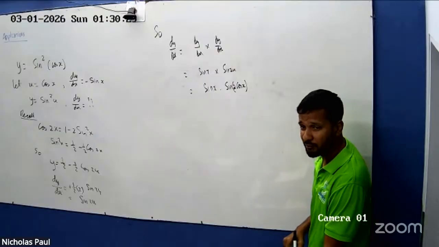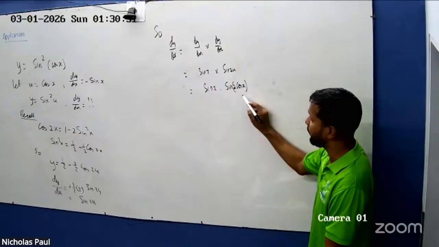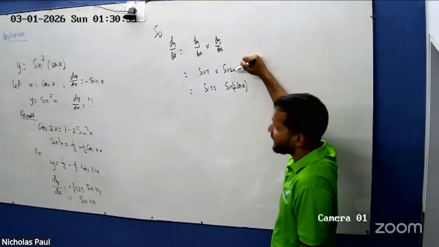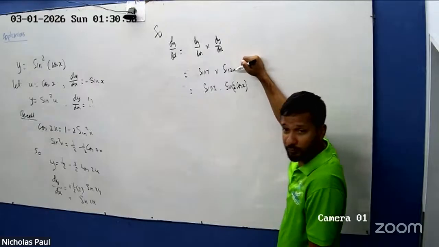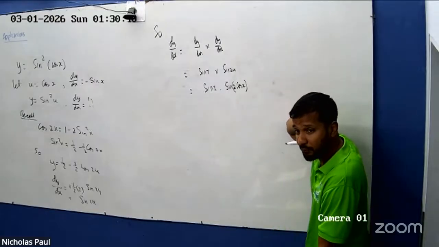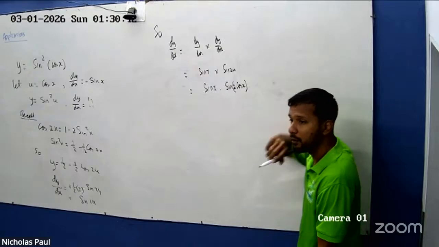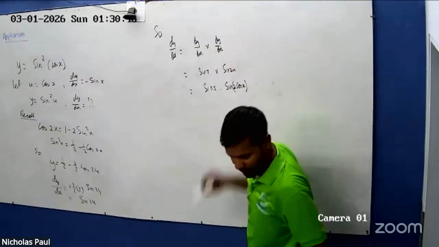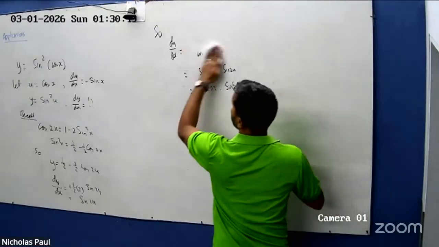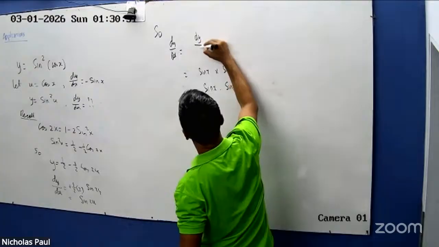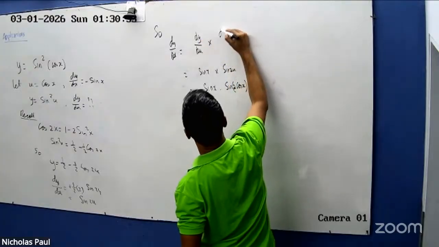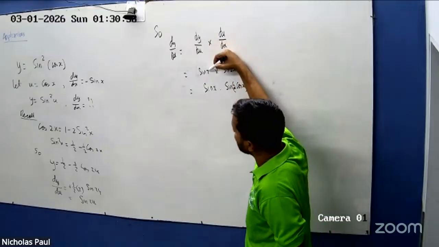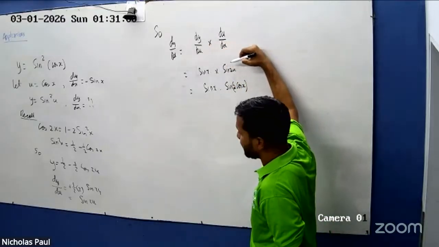That could work. If you get confused, tell me. I just substitute back u, right? Are you okay with that? Yeah, I write dy du multiplied by du dx. dy du, we found it here.